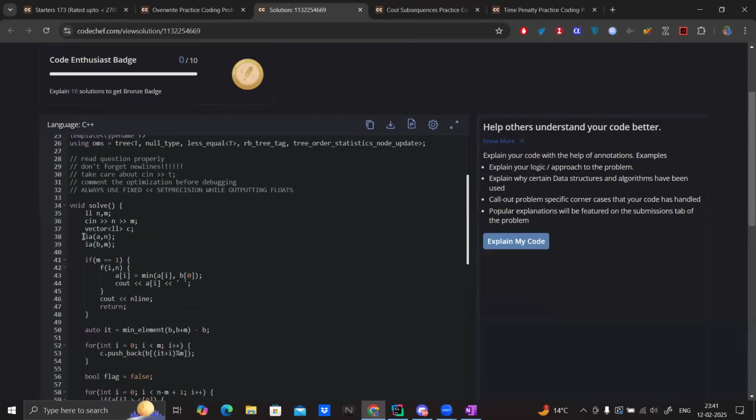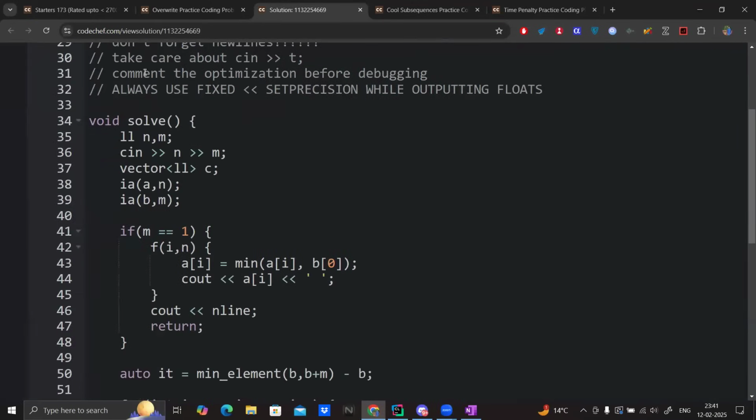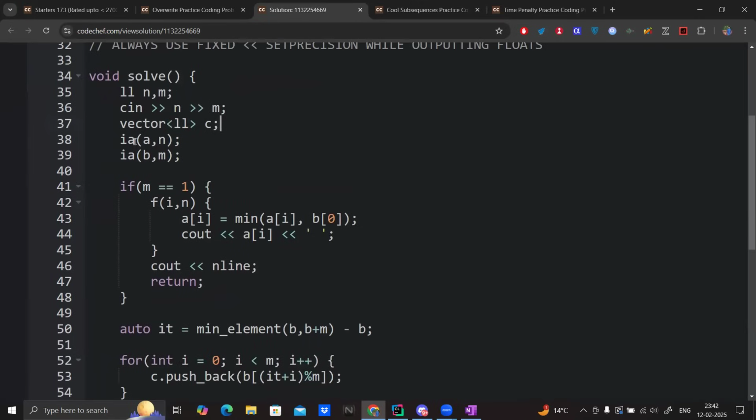All right. So I took the input n, m, c, a vector of int c. Actually this c is to store the cyclic shift of b. Basically what I'm doing is bringing the minimum element of b to the front and storing that entire array in c. I took the input of a and of b.